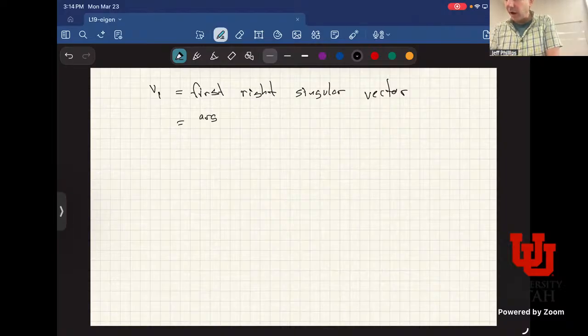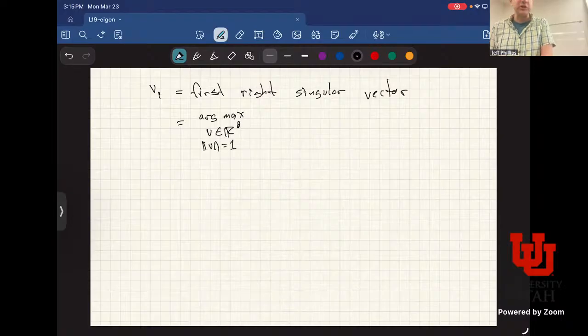This was the arg max over all vectors in R^D, and I have this hard to optimize condition that it has to have a norm of 1.